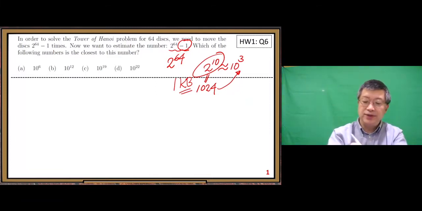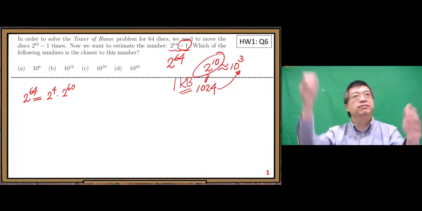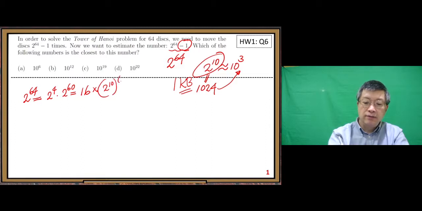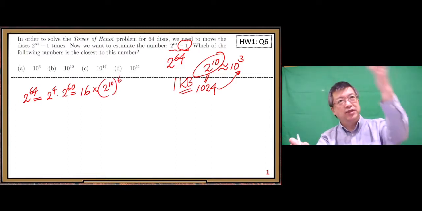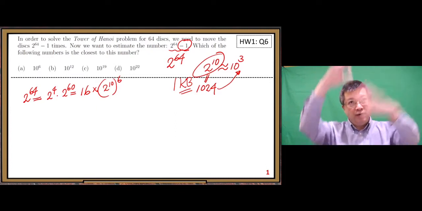All right. So now, 2 to the 64th. Let's write 2 to the 4th times 2 to the 60th. 2 to the 4th, that's 16, times 2 to the 10th to the 6th. 6 times 10 is 60.